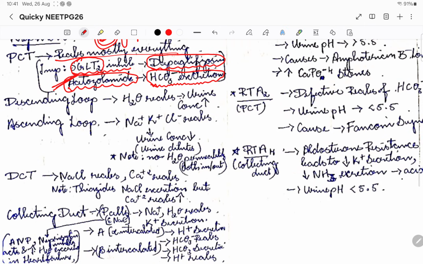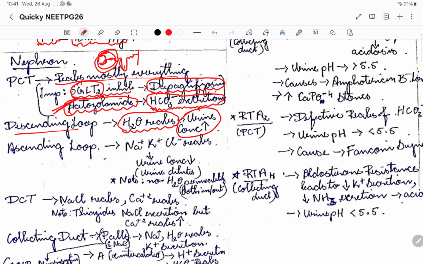Okay, then coming to the descending loop of Henle, all the water will be reabsorbed here, making the urine concentrated. Then coming to the ascending loop, it is sodium potassium chloride reabsorption that is happening.